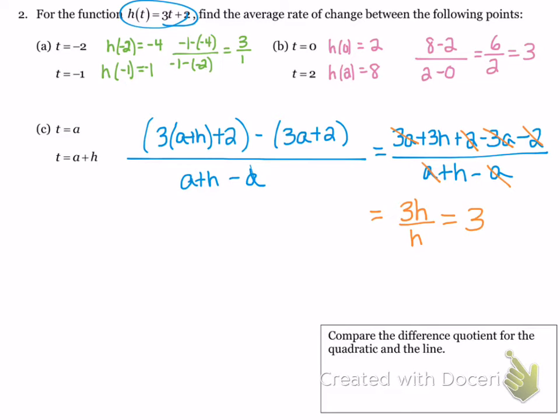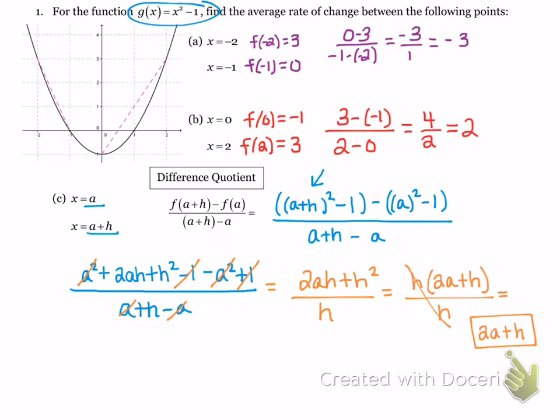So the takeaway, when comparing the two difference formulas that we just did, is that the first one was a difference formula with a quadratic, and now we just did one with a linear function. So comparing the two, the answer for the other one was 2a plus h, and if we replaced a with x, it'd be 2x plus h, and h is a number. So we have a line, a linear function, left over.